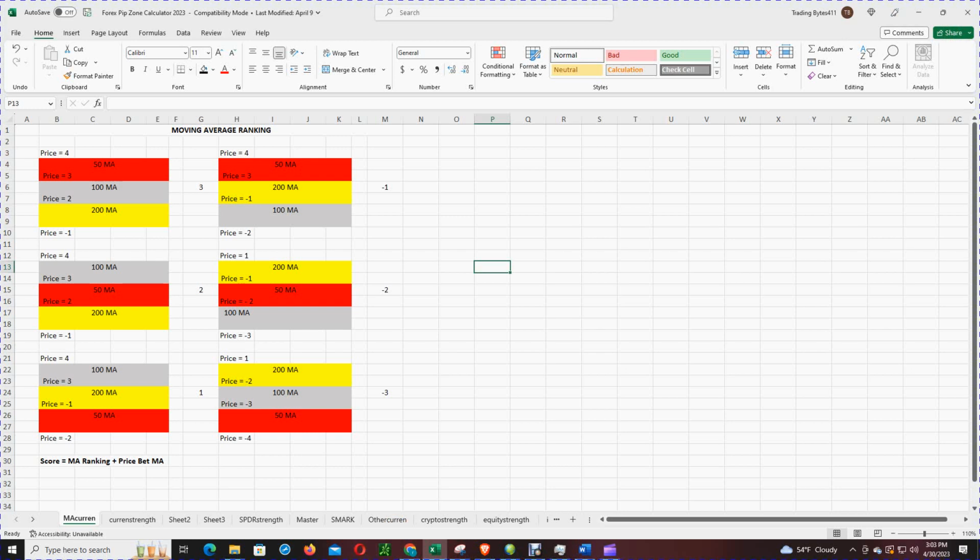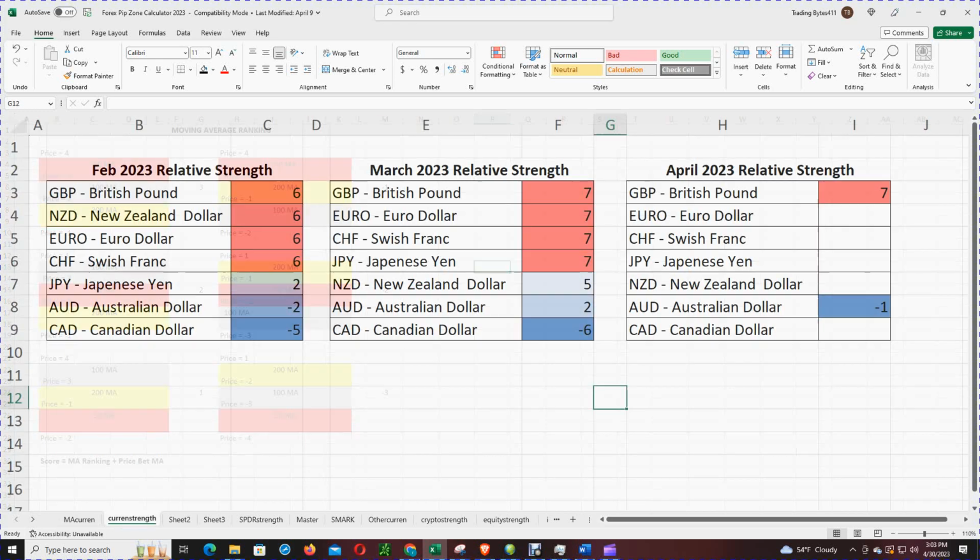So you would assign that a -3 plus -3, that's a -6. So price is between the 50 and the 100, so -6. That was the Canadian dollar.